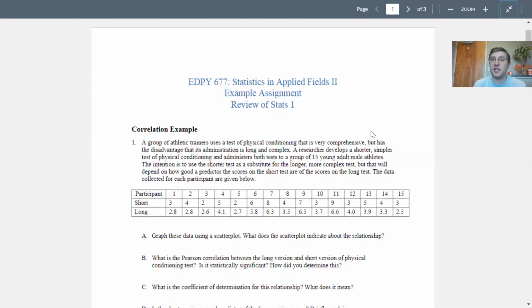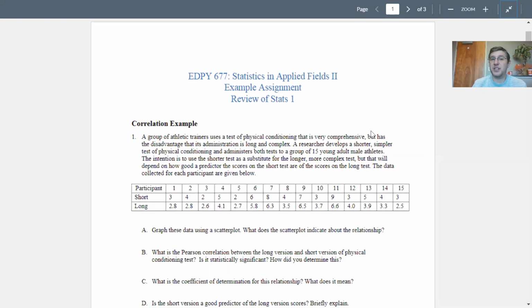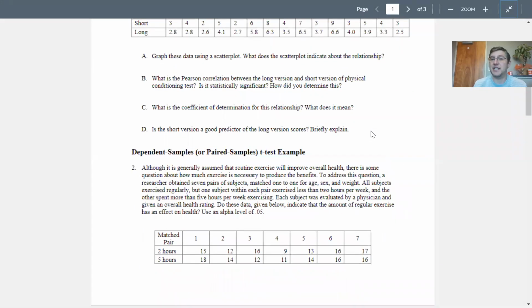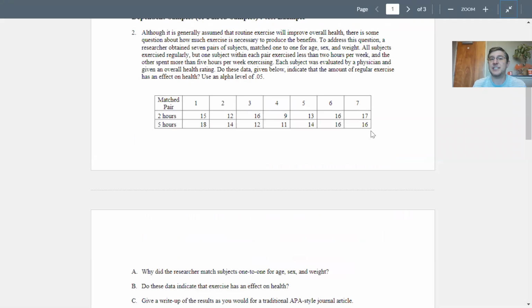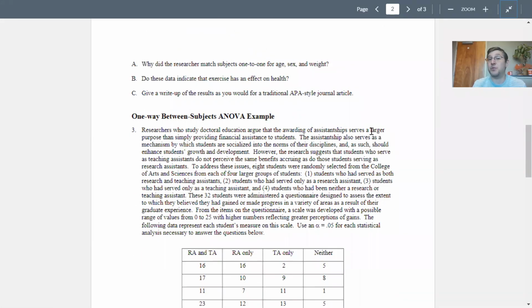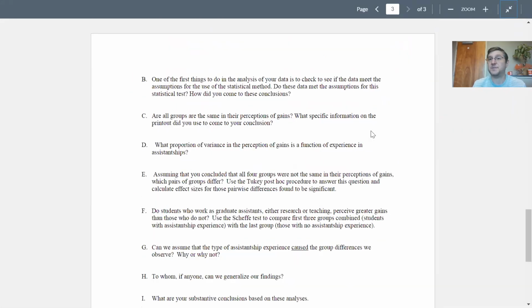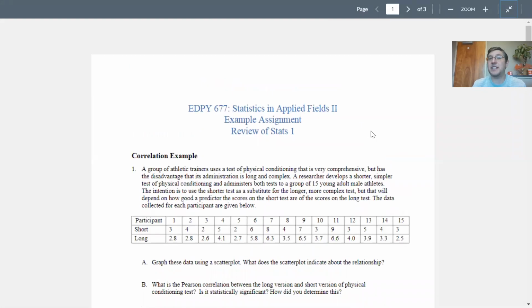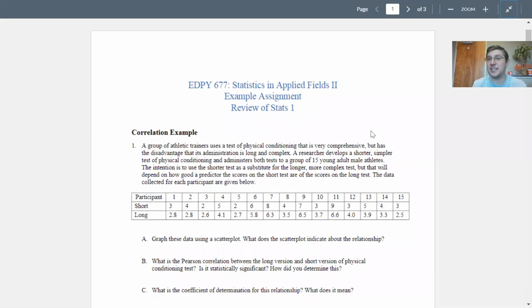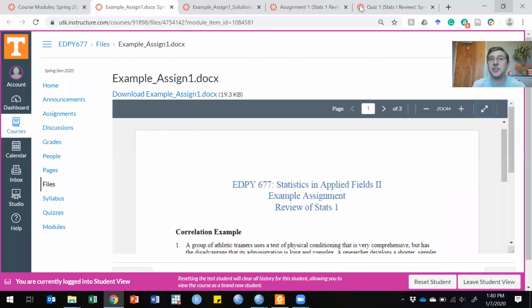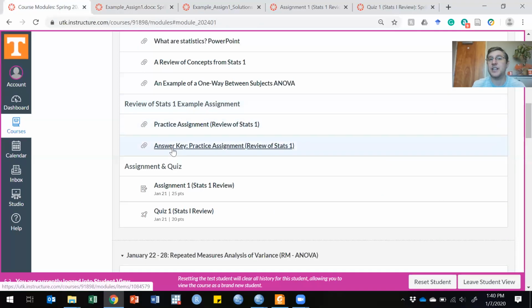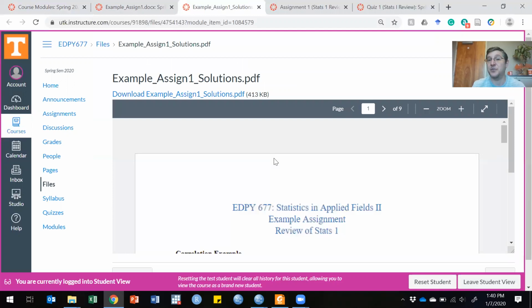pretty similar. So here I have an example of a correlation analysis, a dependent samples t-test, and a one-way between subjects ANOVA. What I would recommend is you go through this practice assignment on your own, answer all the questions, and then you can come back and look at the answer key for the practice assignment and see how you did.